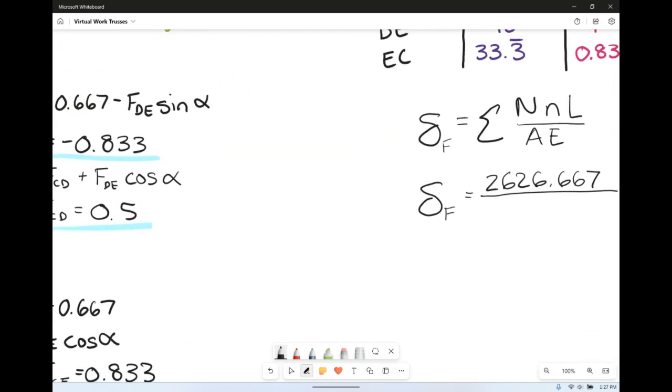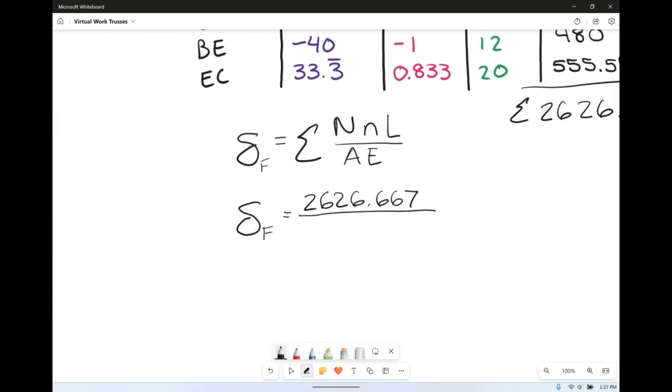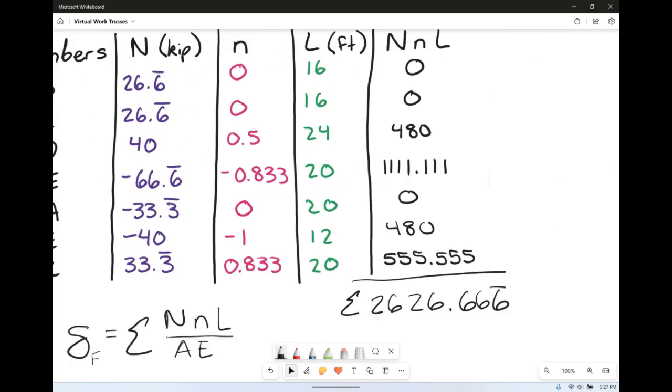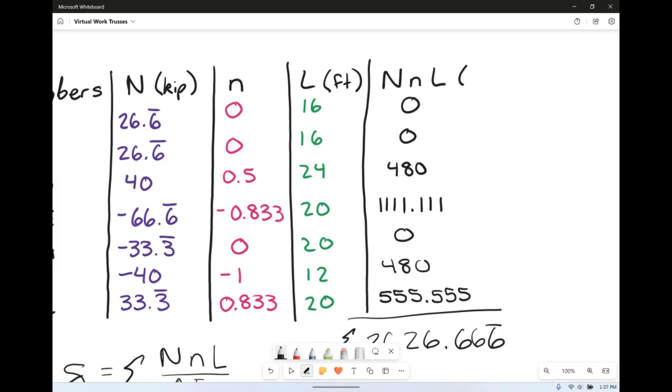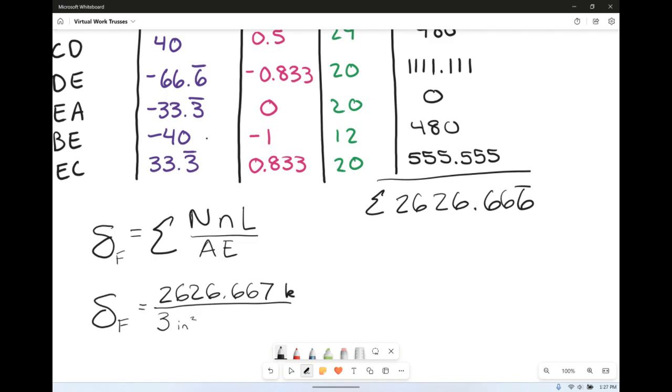Watch our units here. This value is actually in kip feet.